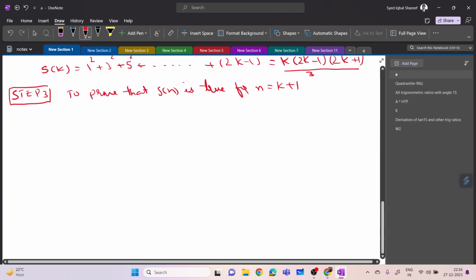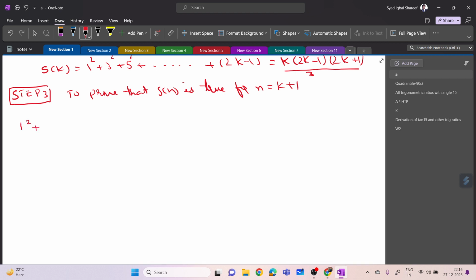So let me write down here 1 square, 3 square, 5 square, and so on up to 2k minus 1 whole square, equal to k into 2k minus 1, 2k plus 1 by 3.